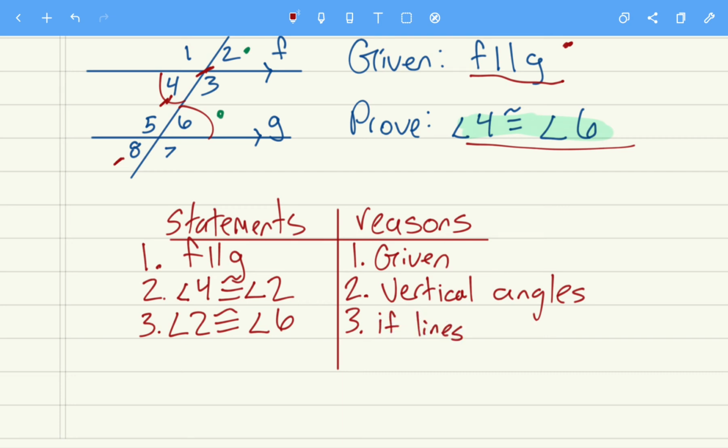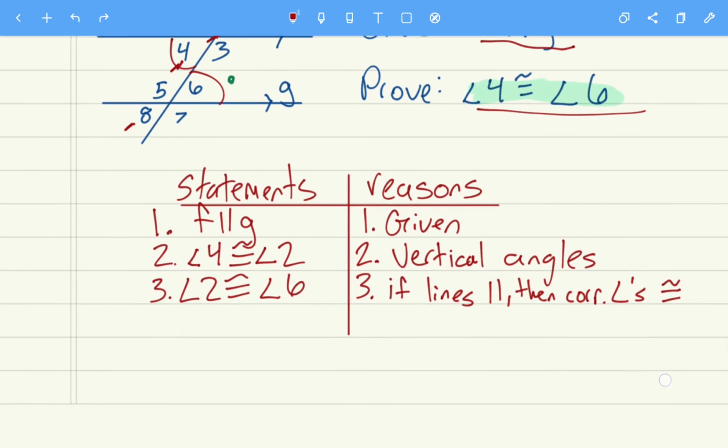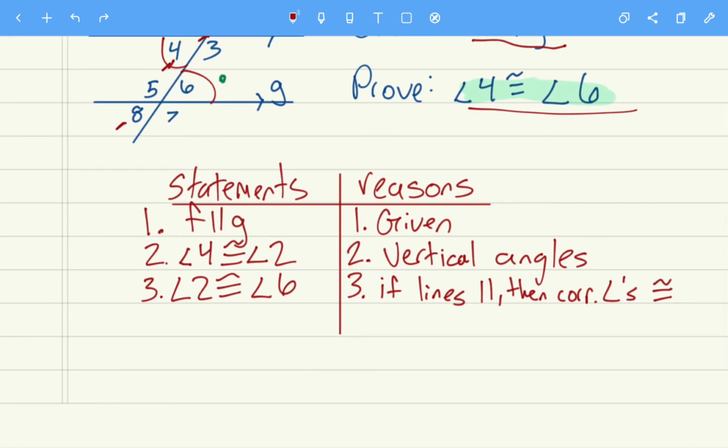So we have that long reason here. If lines are parallel, then corresponding angles are congruent. Now we see here angle 4 is congruent with angle 2. Angle 2 is congruent with angle 6.